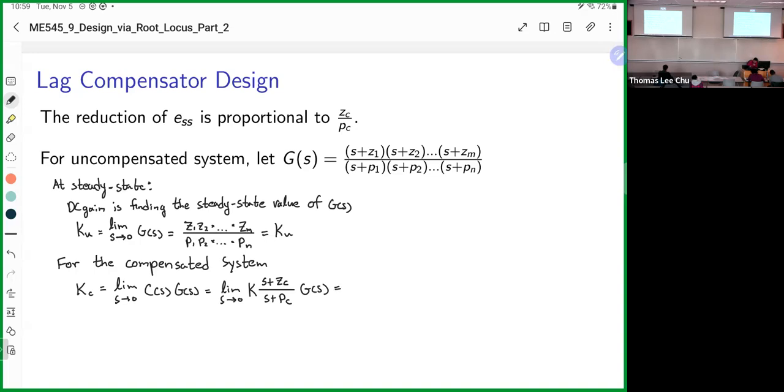Then I apply S equal to 0 and I get K times ZC over PC multiplied by Z1 times Z2 all the way to ZM, then P1 times P2 all the way to Pn. And this is equal to K times ZC over PC times KU.